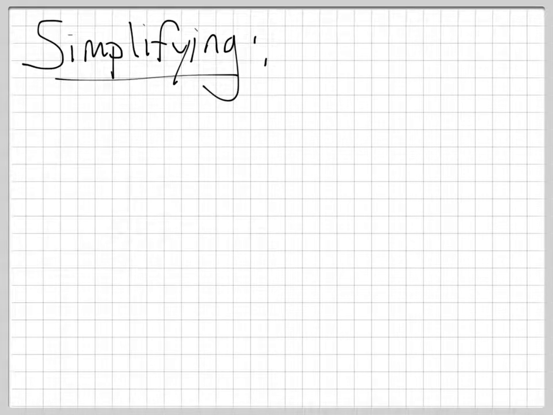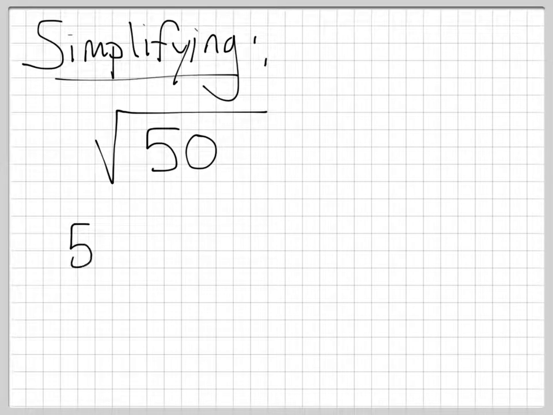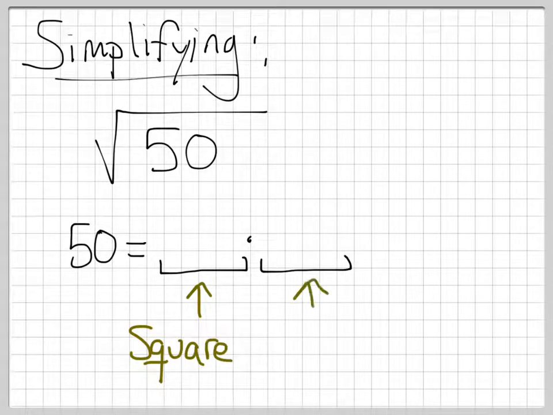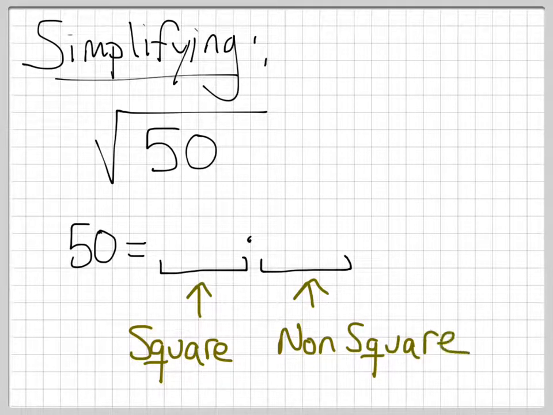If we want to simplify a radical, say we take the square root of 50, well, let's talk about what we're going to do. We're going to try to write 50 as the product of two numbers, one of which is a square, and the other of which is non-square. And so we can write 50 as 25 times 2.